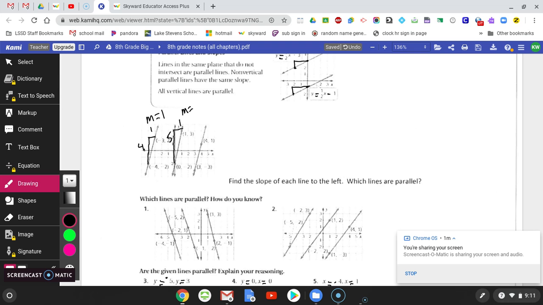So this has a slope of 5 over 1, which is 5. And then the last one here, I'm going up 1, 2, 3, 4, and over 1. So the slope is 4 over 1, or 4. So are any of them parallel? Yep, we can say that this one and this one are parallel.